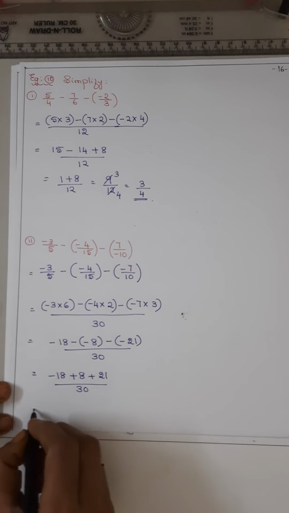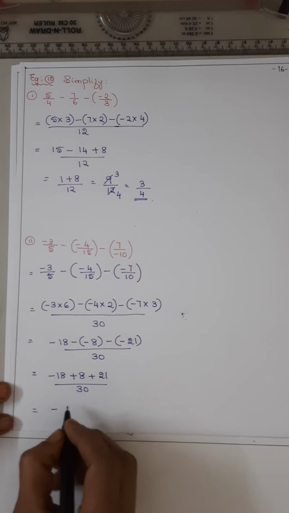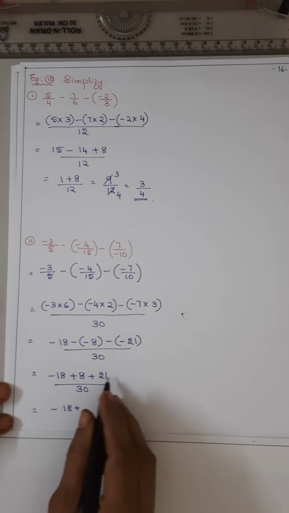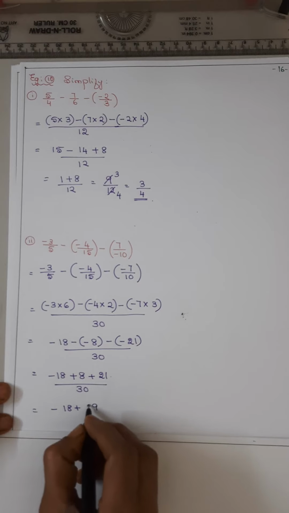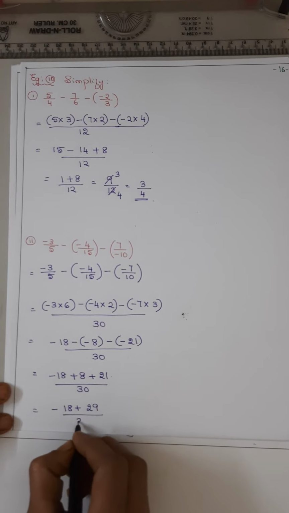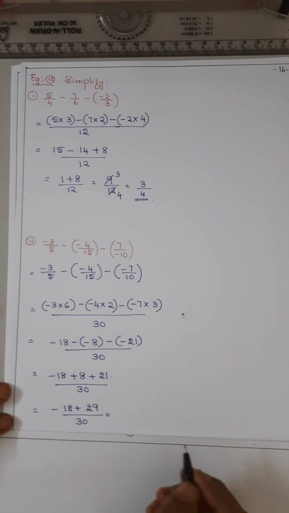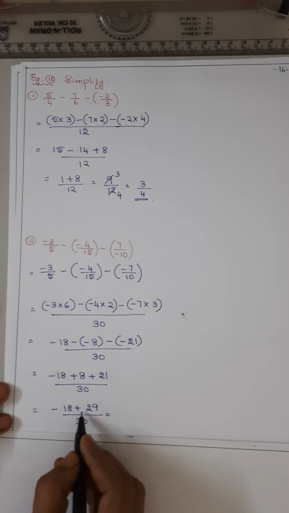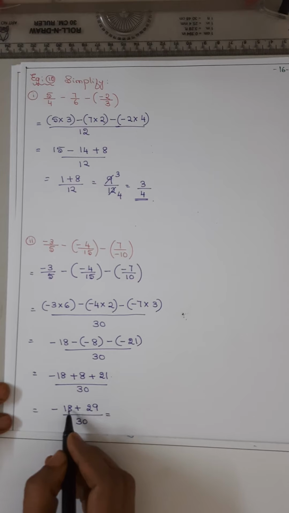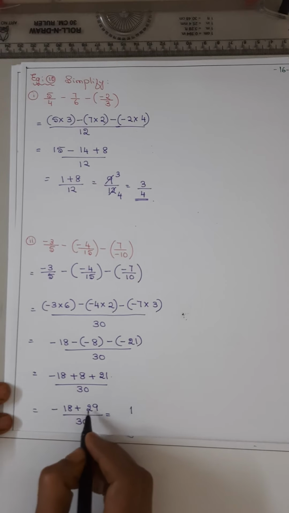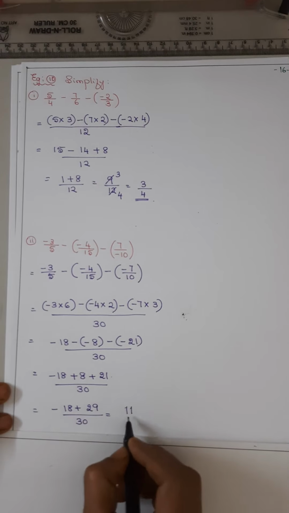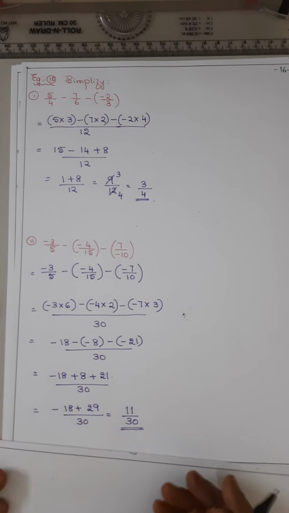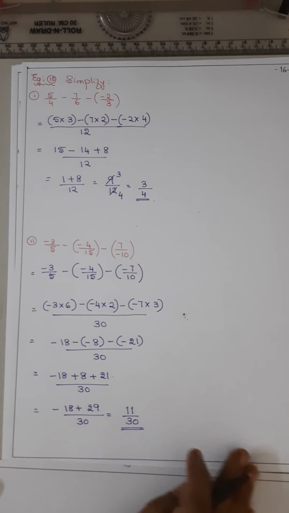So it is a minus 18 और ये बनेगा प्लस 9 अपॉन 30. अभी डिफरेंट साइंस है, सो बड़ा नंबर प्लस है. So 9 minus 8 is 1, 2 minus 1 is 1. Answer is 11/30.